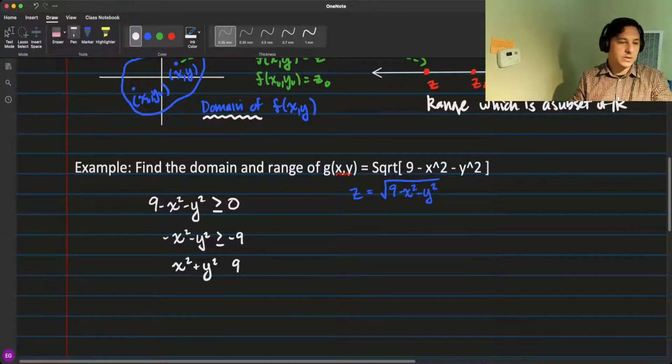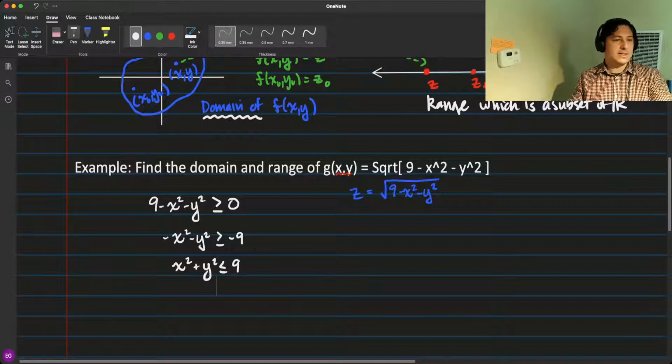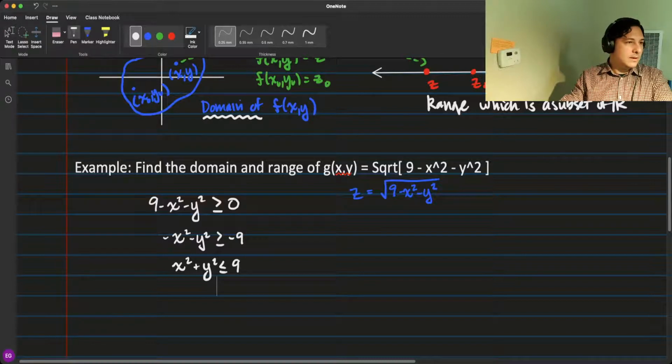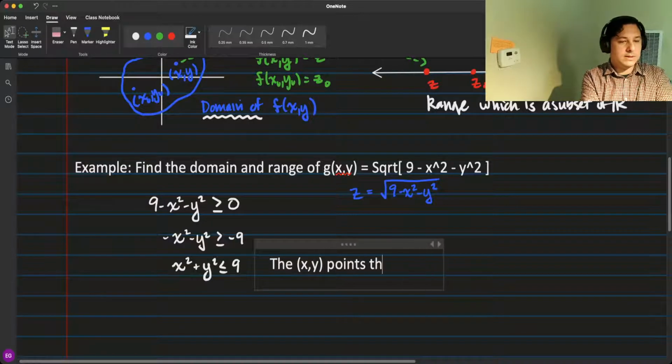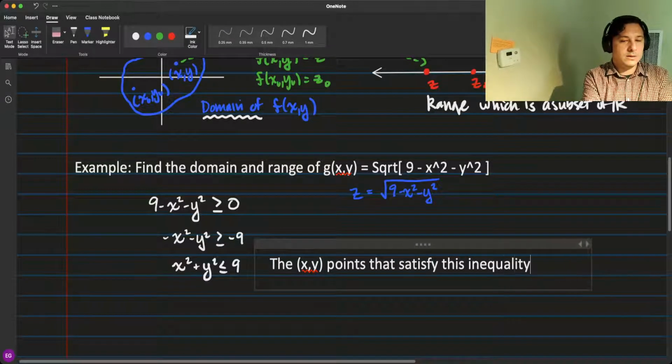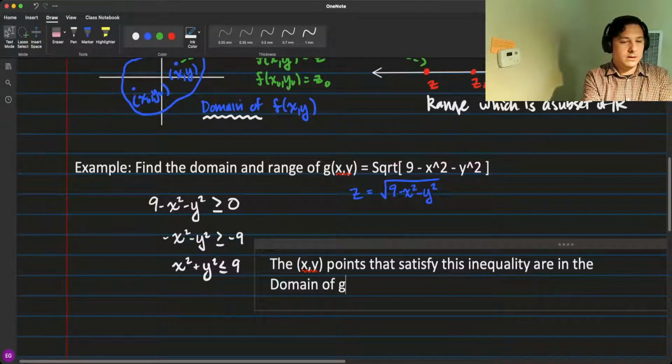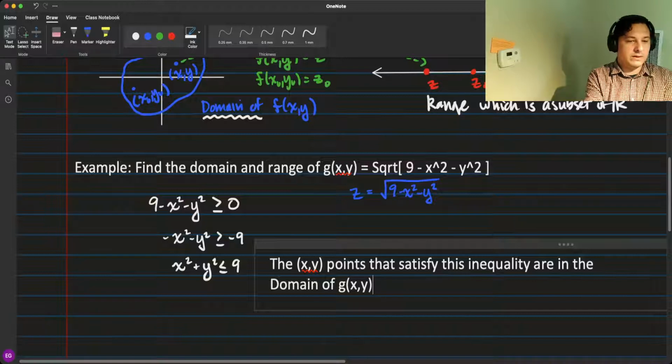It's going to have to switch, right? There we go. That's the proper way to do this. So the x, y points that satisfy this inequality are in the domain of g of x, y.